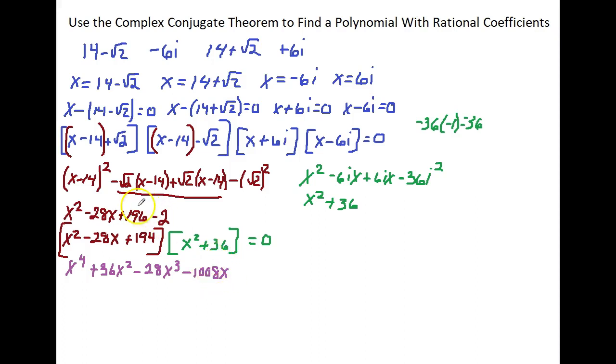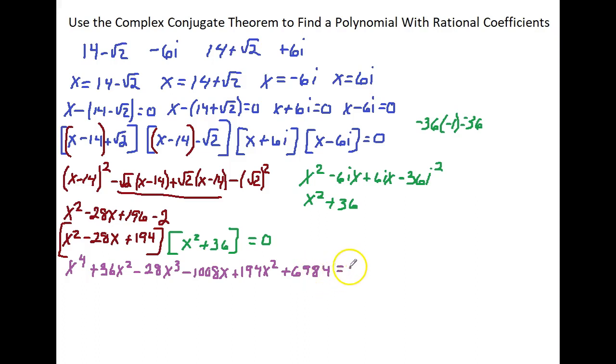And then last, I have to take my 194 times each of these. So 194 times x squared, that gives me plus 194x squared. And then 194 times 36 gives me a really huge number, 6,984.